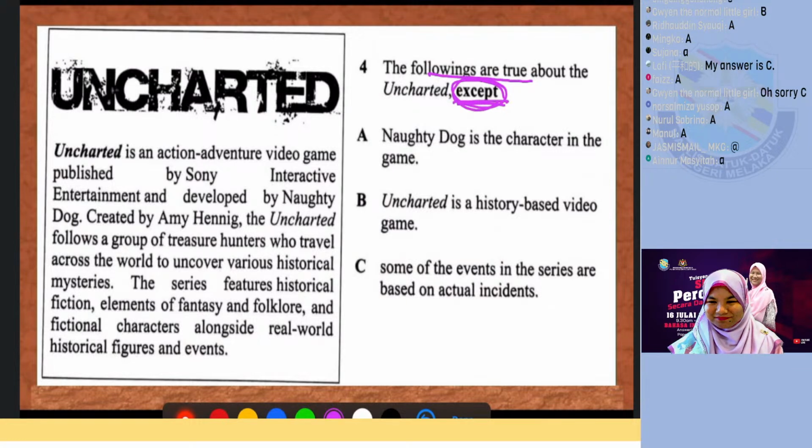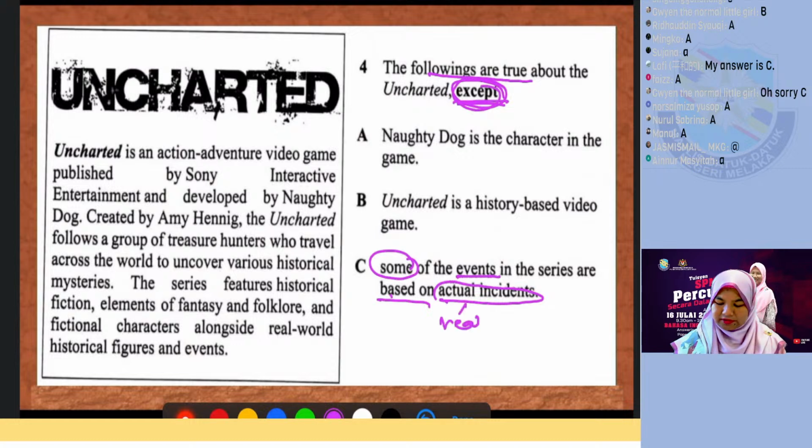C. Some of the events in the series are based on actual events. Some, beberapa. Some events in Uncharted are based on actual, real events.